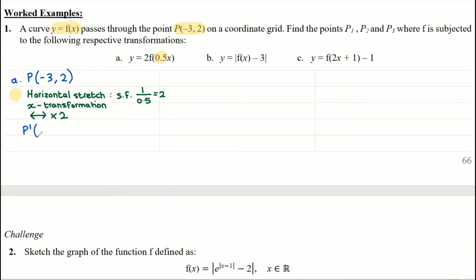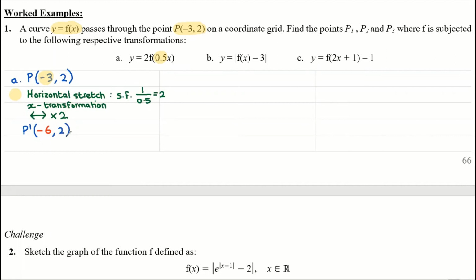It's not a derivative, it's just P dash. This is the first transformation applied. So what I have to do according to these instructions is in my x coordinates here, I have to double my coordinates. So that's going to become -6. So it's going to be at -6 and 2 still in the y direction.